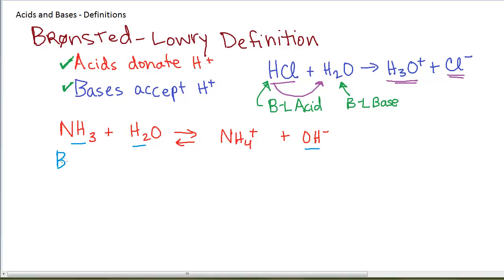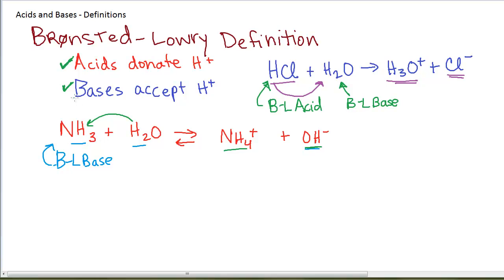But it's also a Bronsted-Lowry base because what is happening as this reaction proceeds is that water is giving NH3 one of its H pluses. If I add an H plus to NH3, I get NH4 plus. Once water gives away one of its H pluses, it becomes OH minus.